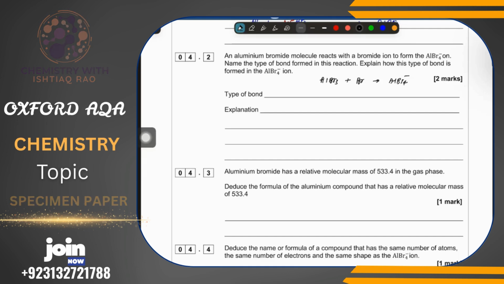So it's going to form a dative covalent bond. So I have to write the type of bond as dative covalent. And how will you explain this? There's a lone pair of electrons on bromide, sorry, the aluminium, so it can share its electrons with the bromine maybe.